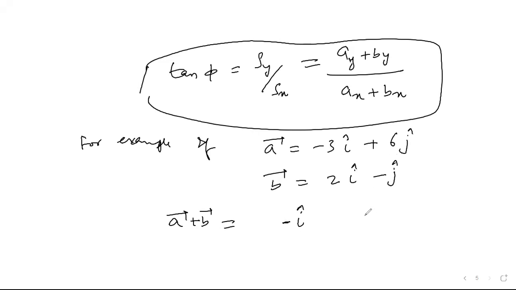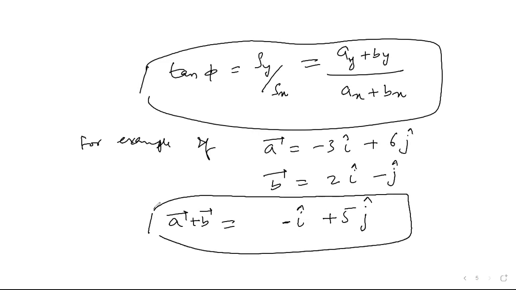Then to find the y component of the sum vector, that is what is attached with j, you have to add the y components of A and B. Y component of A is plus 6, B is minus 1, plus 6 minus 1 is plus 5. So it's plus 5 j cap, this is the A plus B vector.